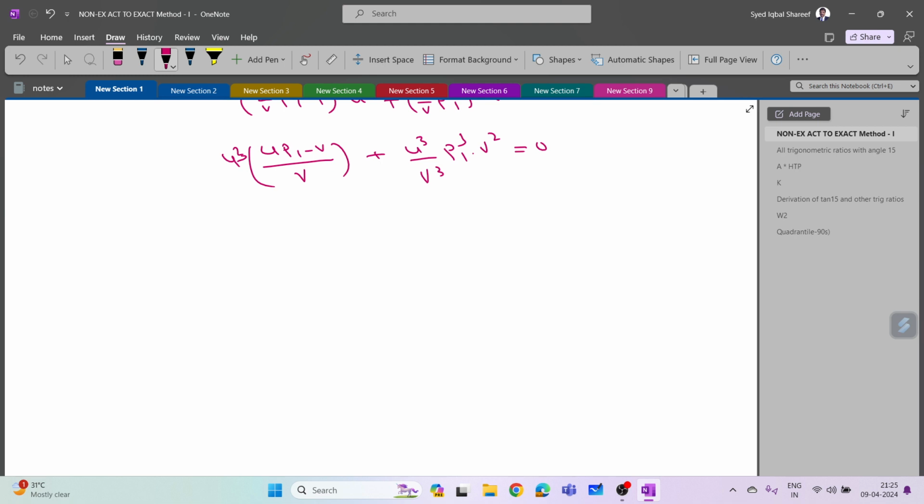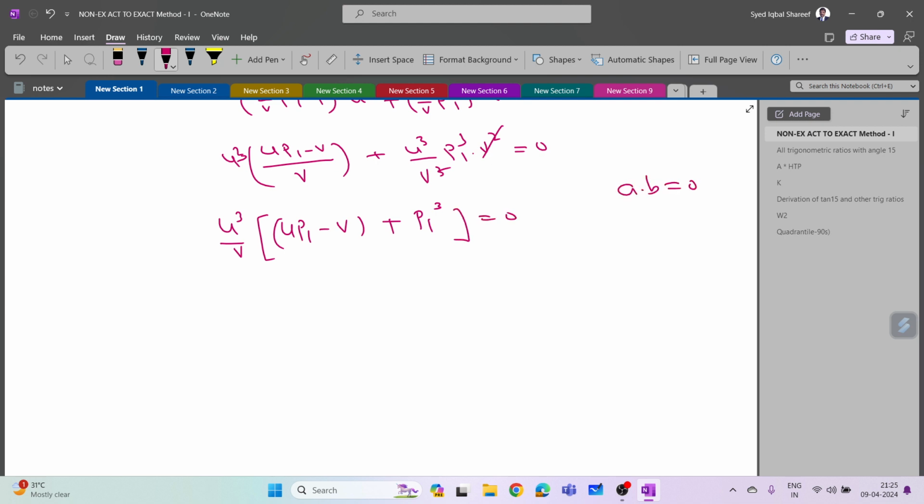So now what shall we do? This is v square, the power of v gets cancelled, and u cube by v, if you take it out, will be u p1 minus v, this one, and this one p cube equal to 0.